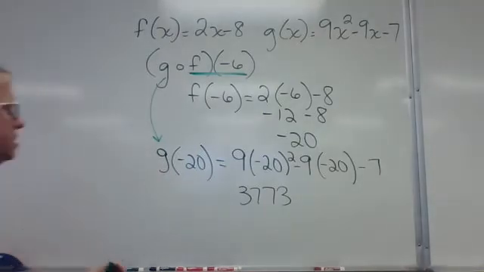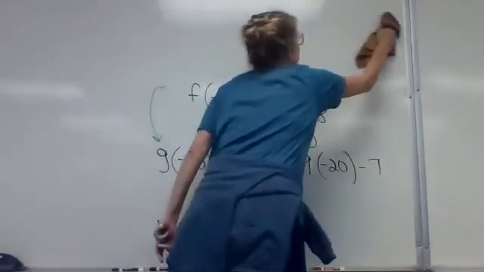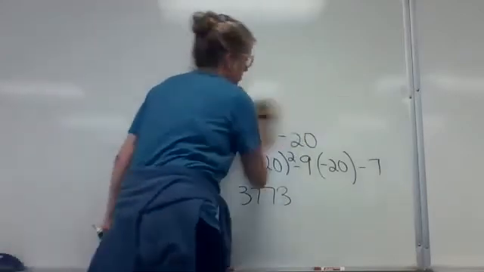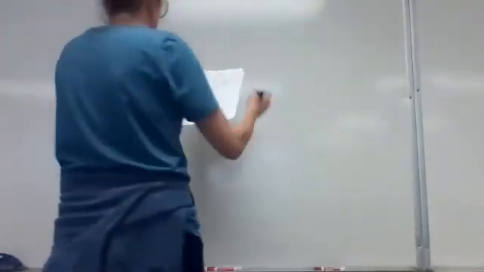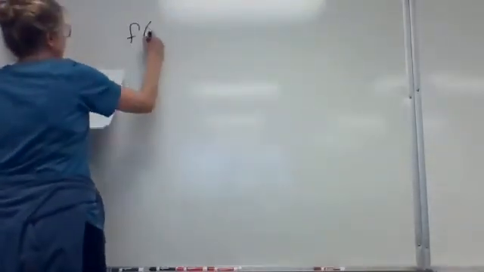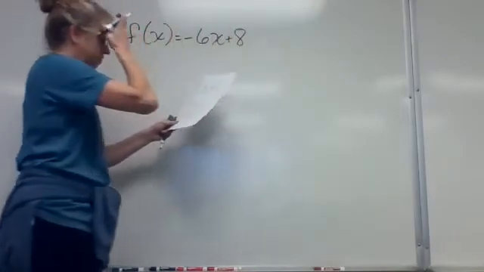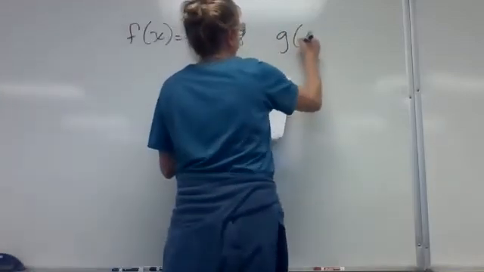Right, number 19. Is another composition of functions where we have f of x is -6x plus 8. And g of x equals 4x plus 3.